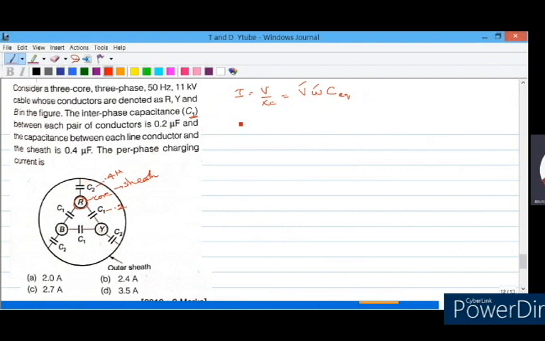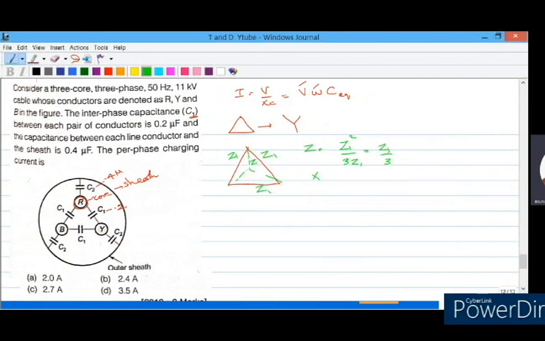Here the 3 cores are connected in delta. So convert the delta into star. So how to convert? So in a delta, if you draw the star, so if it is Z1, and if you write this as Z, then what will become Z? Z is equal to Z1 square by 3Z1, which is Z1 by 3. But here it is capacitance.